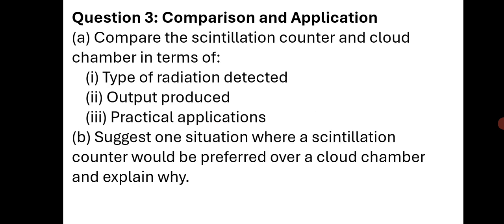And lastly, compare the scintillation counter and cloud chamber in terms of type of radiation detected and output produced. Remember, in one the output is the flashes of light, and in the other it is the tracks. Then, practical application: suggest one situation where a scintillation counter would be preferred over a cloud chamber and explain why. These are exam style questions.